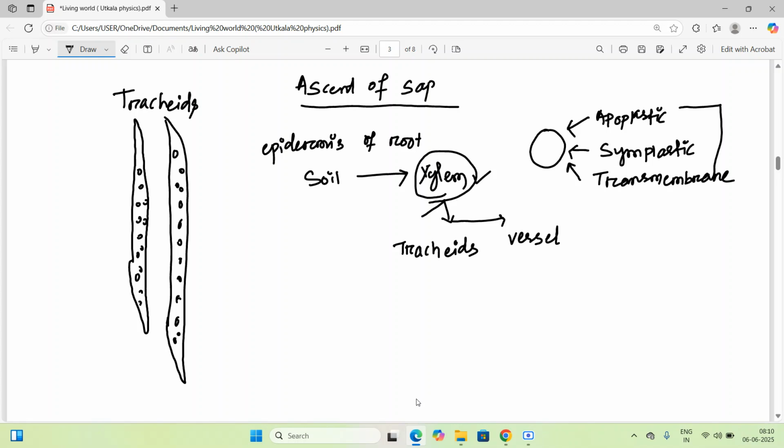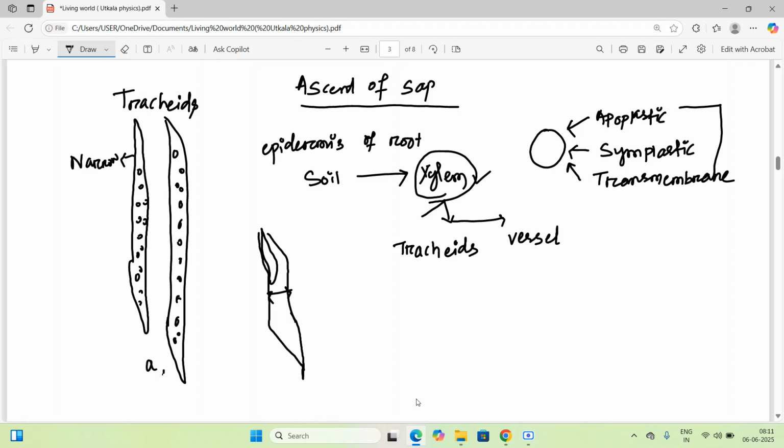The vessels are broad, and tracheids are narrow.